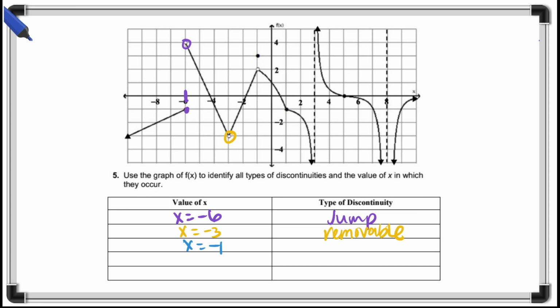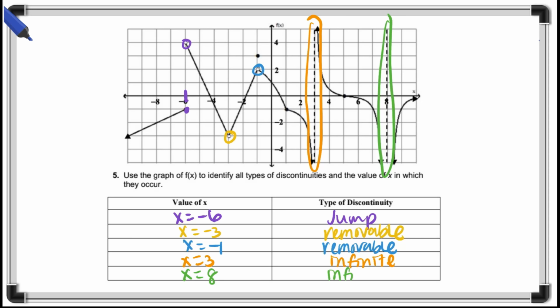Let's see, -1, you also have a removable discontinuity. You have a hole. At 3, right here, you have an infinite discontinuity. You have an asymptote. And at 8, again, asymptote, infinite discontinuity.